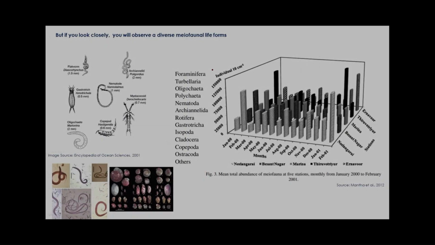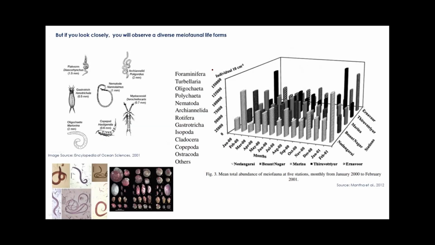We have Marina Beach, which is a very large beach, the second largest sandy beach in an urban setup, right? You can see that different stations have been sampled: Trivittur, Marina, Besant Nagar, Neelankarai, all in the same location within 15 kilometers.